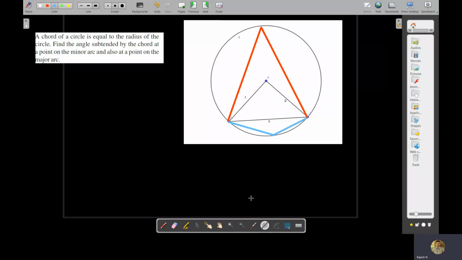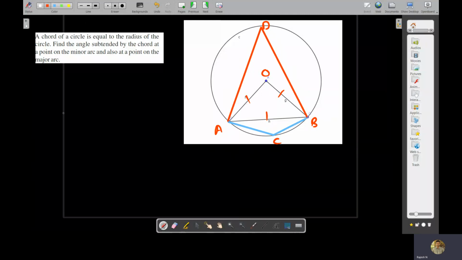So you have to find this. So for that, chord of a circle is equal to radius. So these three are equal. So you take it as O, this is A, this is B, this is C, this is D.